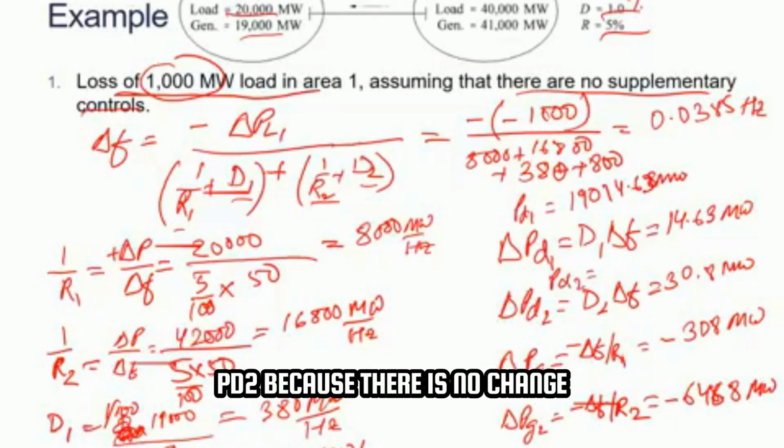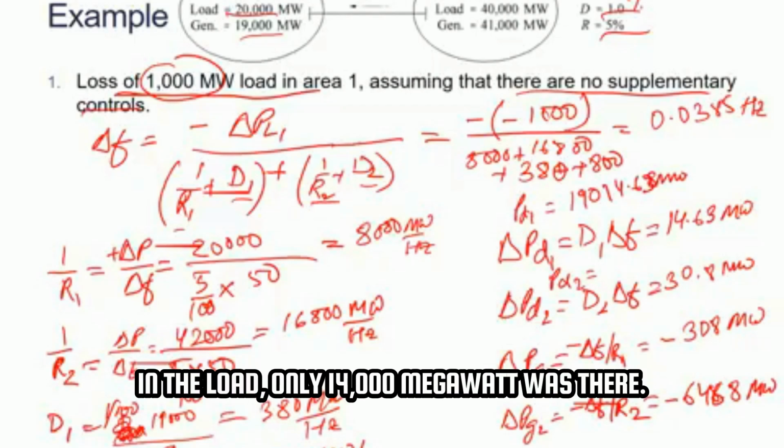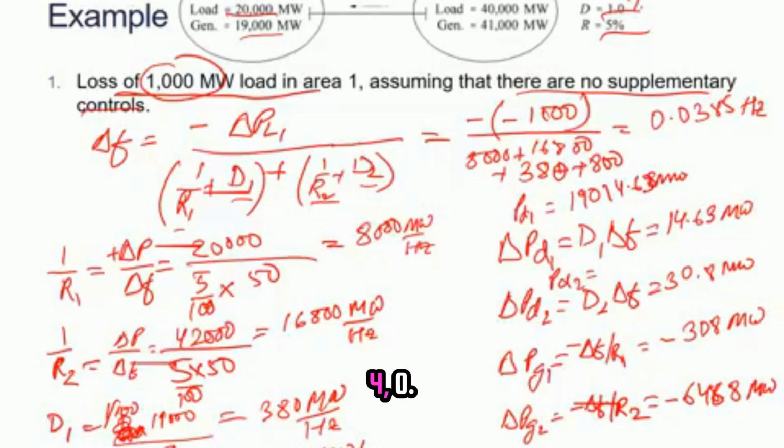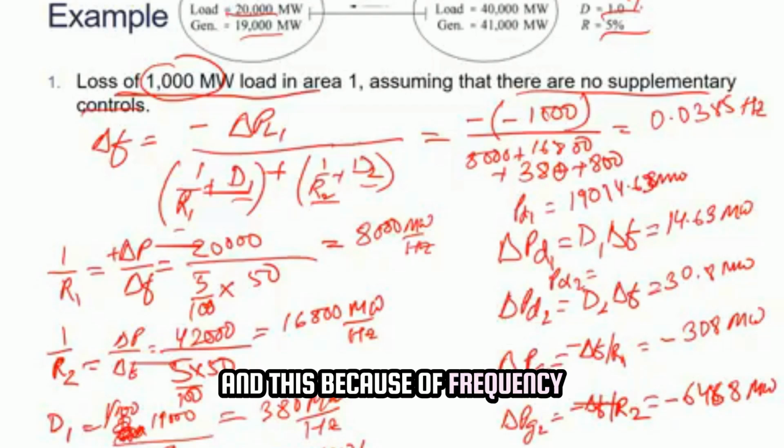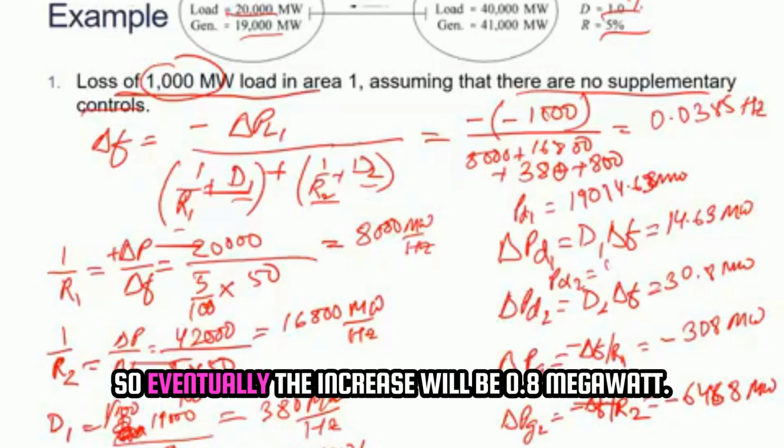PD2: there is no change in the load, only 14,000 megawatt was there, and because the frequency increased, the load has increased further, so the increase will be 30.8 megawatt.